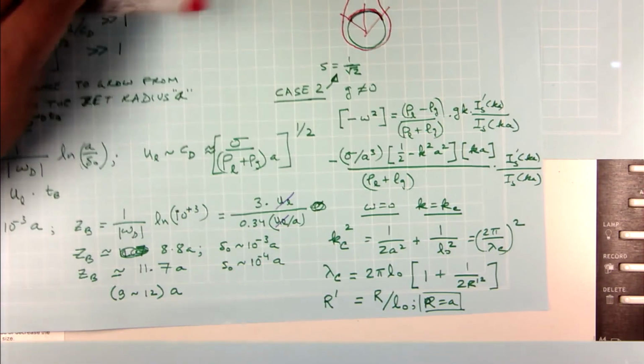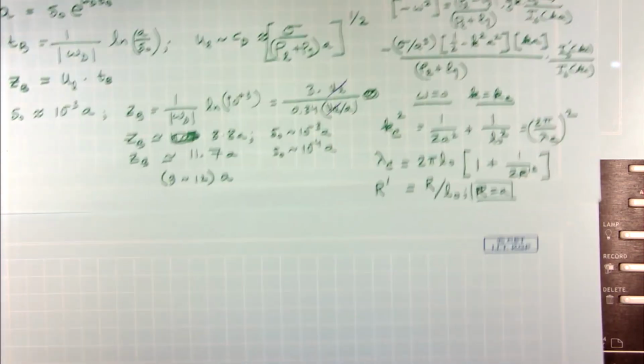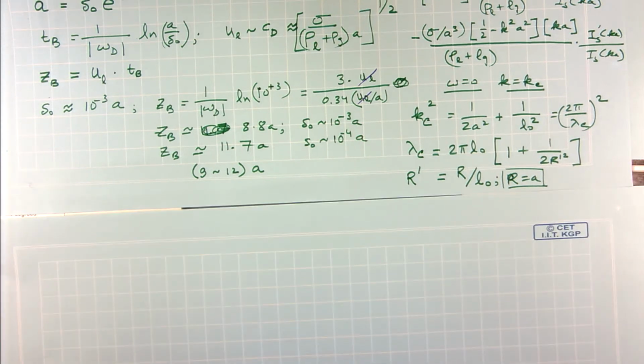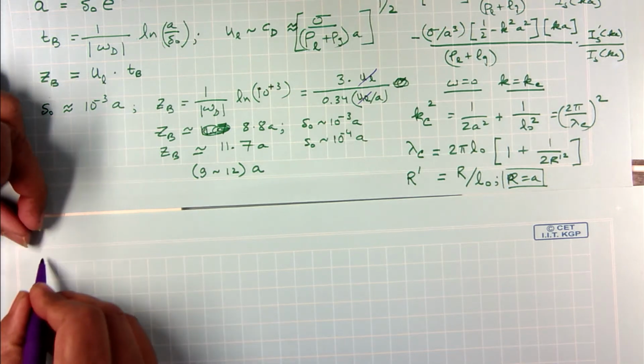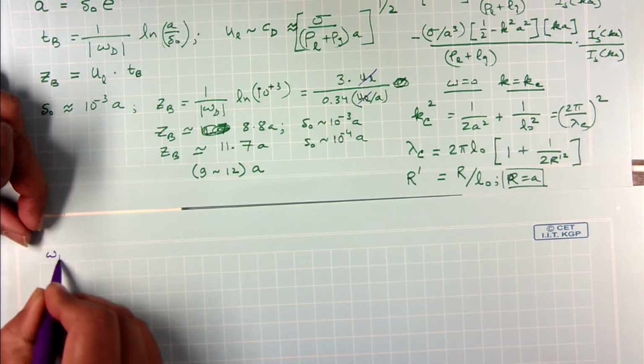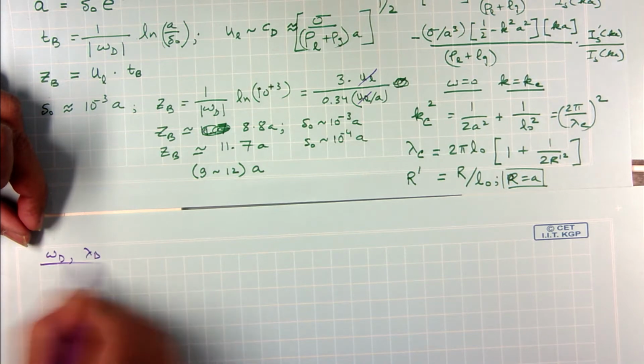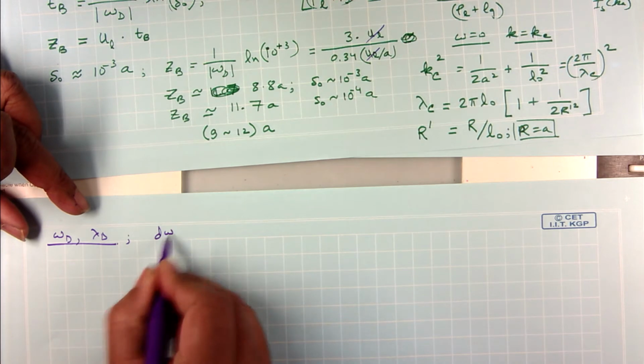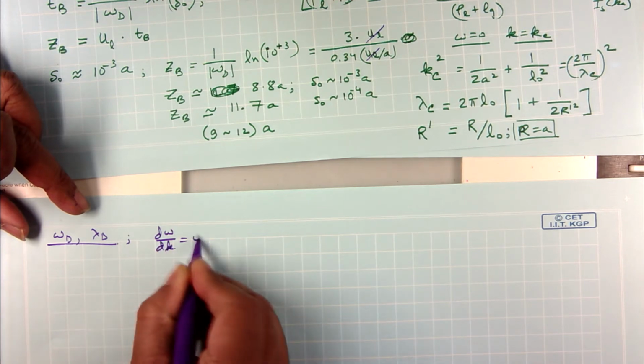Okay. So, we just derived the critical condition, but we also got to derive the maximum wavelength situation, the maximum growth rate situation. Okay. So, what is the maximum growth rate? Well, I am trying to figure out my omega d and my lambda d, right. So, I am going to do d omega dk and set it equal to 0.